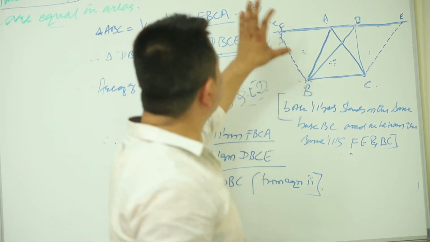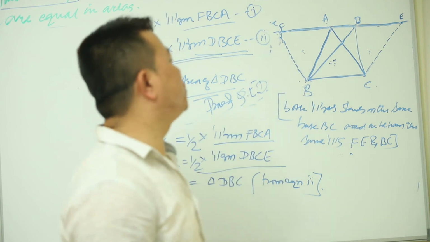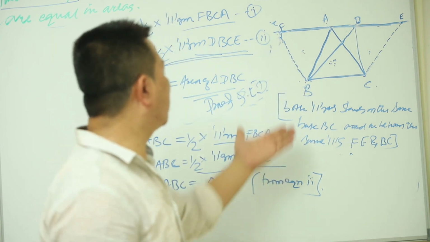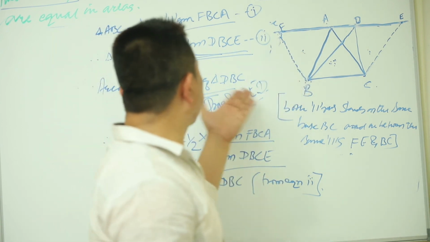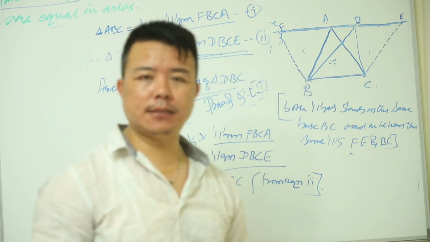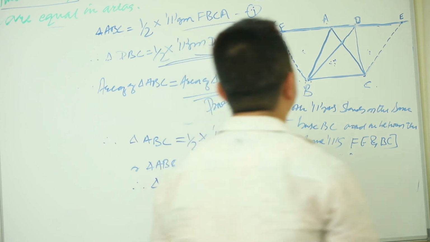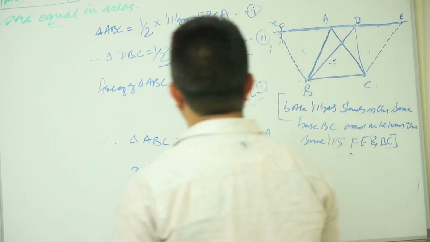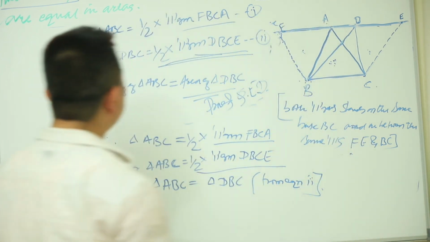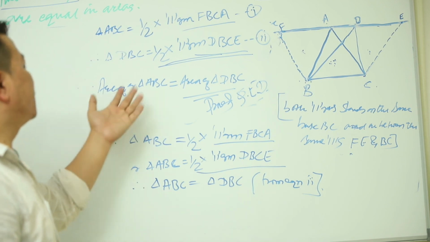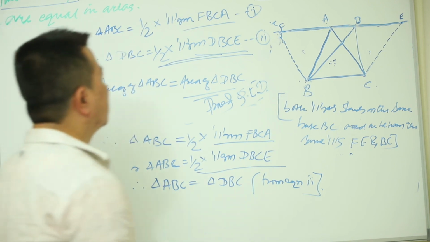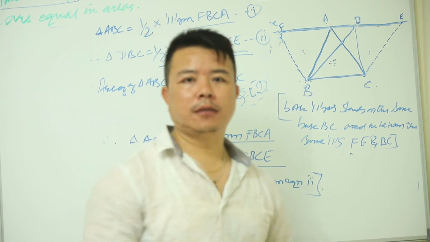In the theorem we needed to prove that if these two triangles stand on the same base and are between the same parallels, then their areas are equal. So finally we have proved that their areas are equal. Area of triangle ABC is equal to area of triangle DBC. Thank you very much.